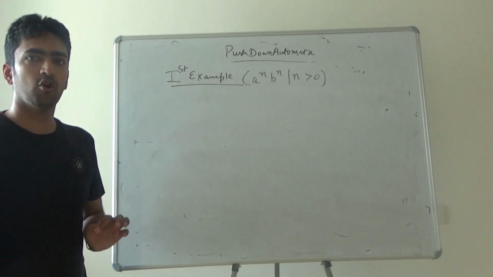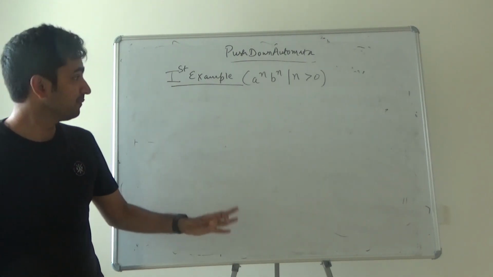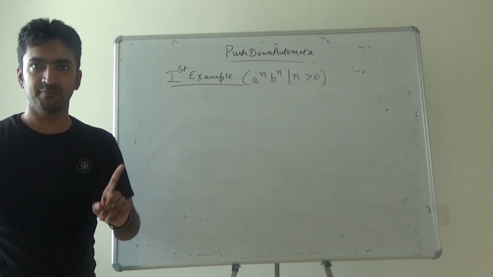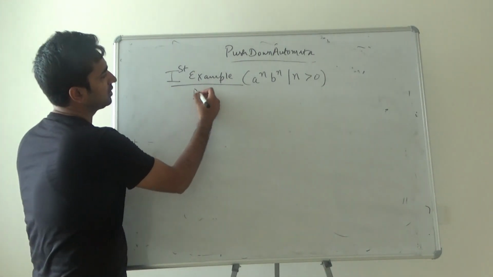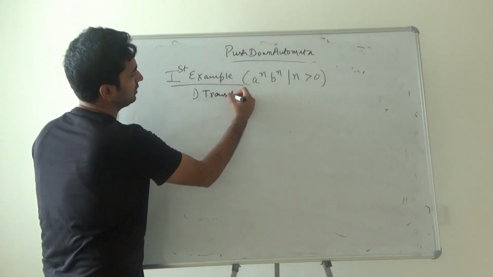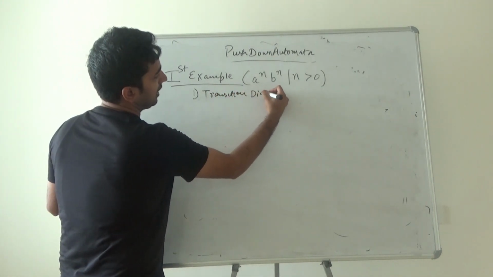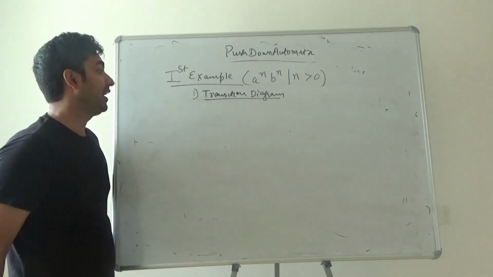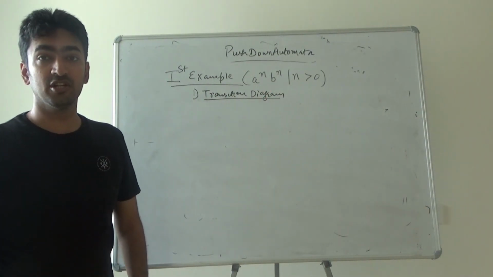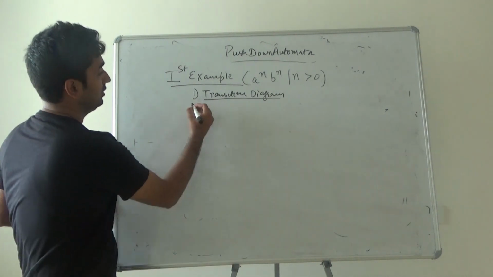Discussing the concept of pushdown automata, the first example we will do in two ways. First, we will use a transition diagram and try to understand it, because it can be done in two ways too. And the second, we will be using the concept of transitions.